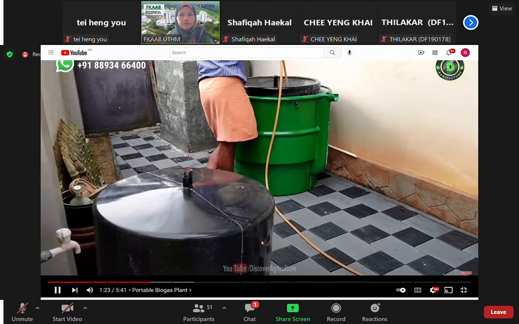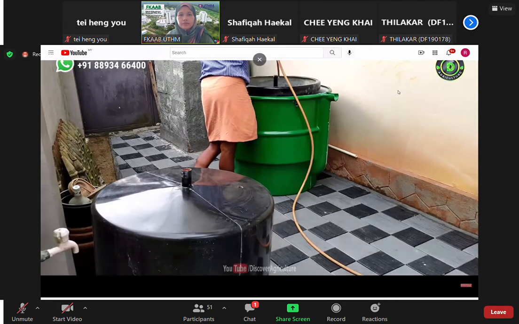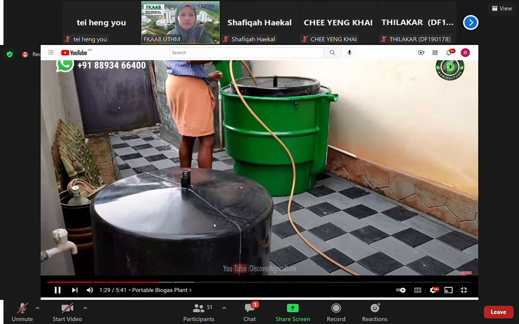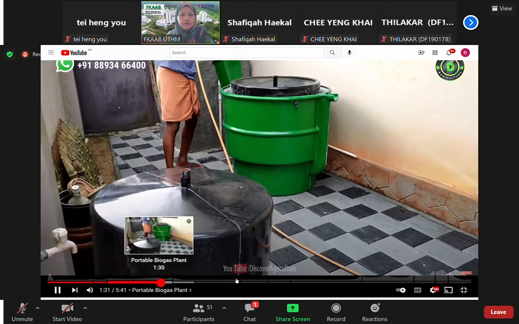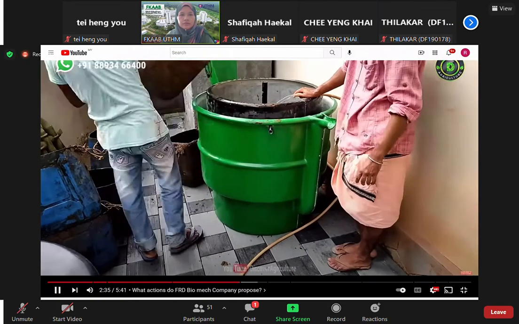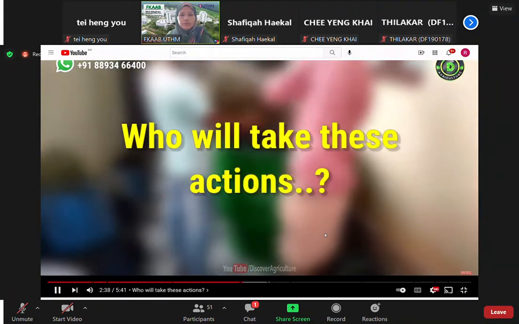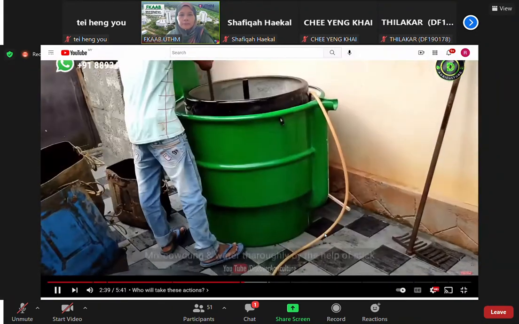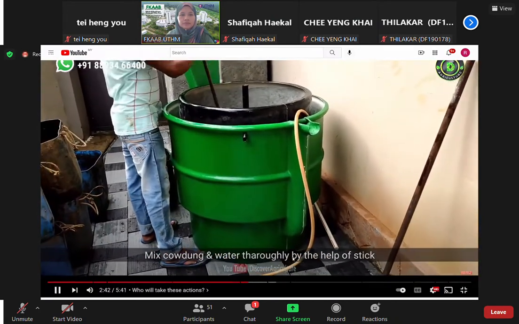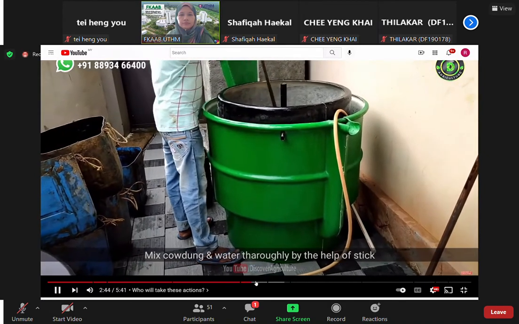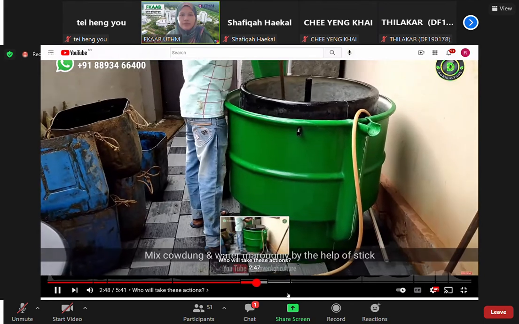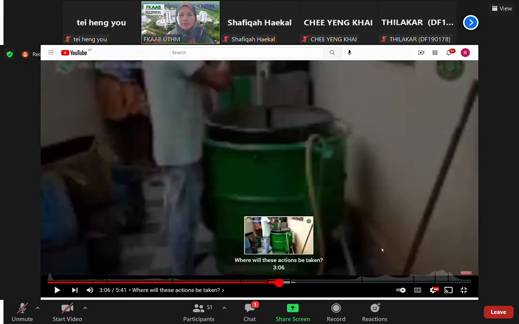Okay, kita lajukan sikit. Ya, for rural community biasanya mix the cow dung and water. Okay, dia hasilnya kita tengok, saya cepatkan sikit.